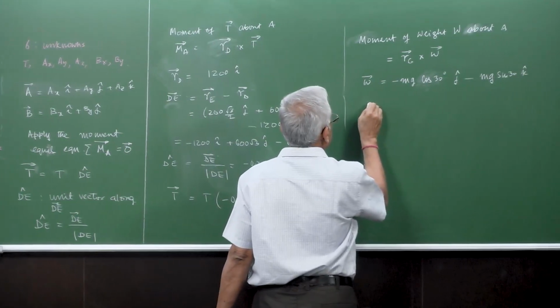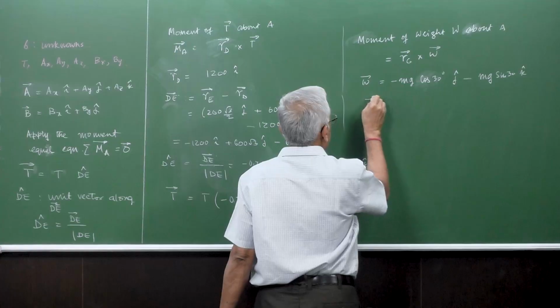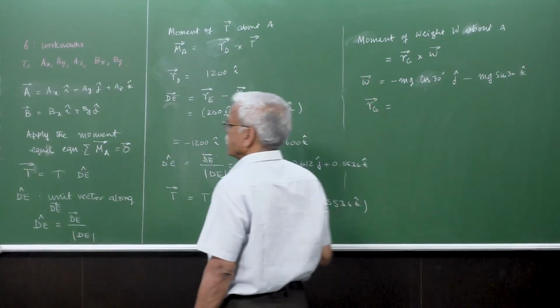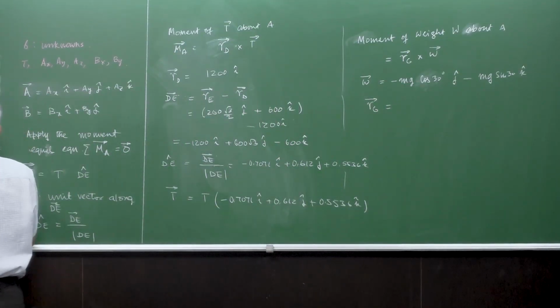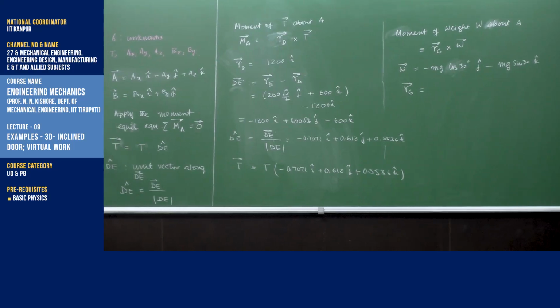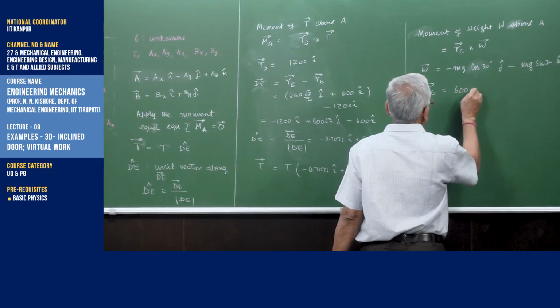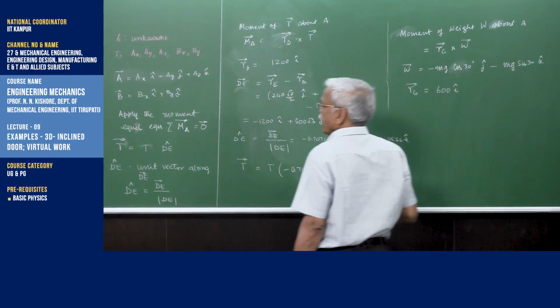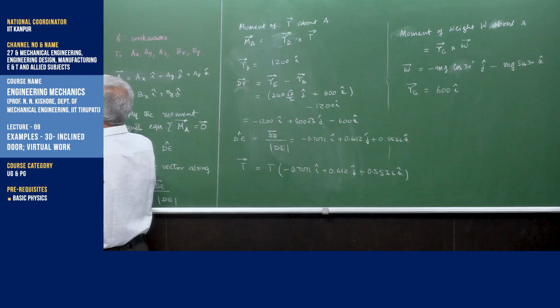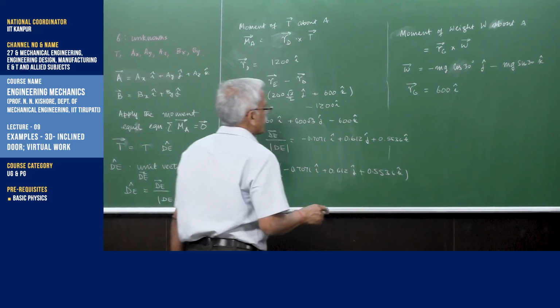Similarly here, the position vector of the center of gravity, Rg, is how much? In the direction of x, it is 600 i, and there's no y. In the z direction it is 1200.